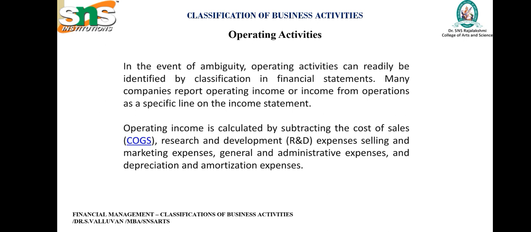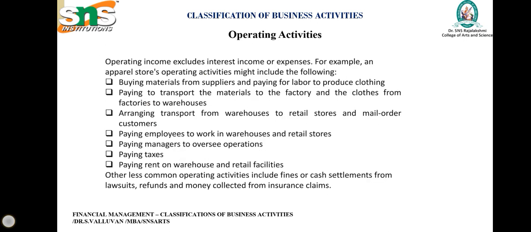Many companies report operating income or income from operations as a specific line on the income statement. Operating income is calculated by subtracting the cost of sales (COGS), research and development expenses, selling and marketing expenses, general and administrative expenses, and depreciation and amortization expenses. Operating income excludes interest income or expenses.